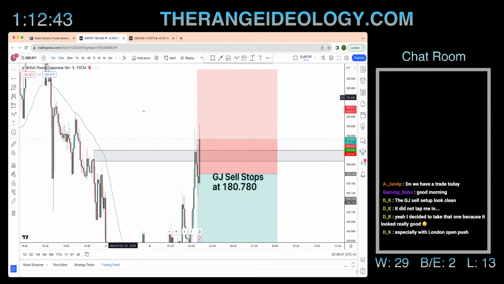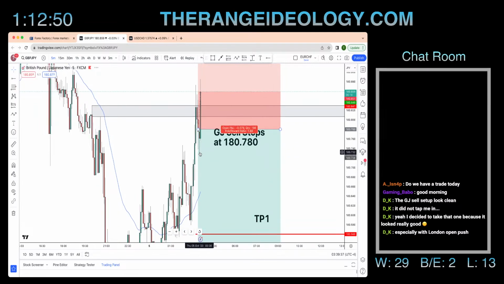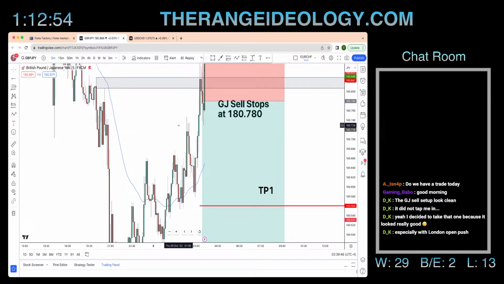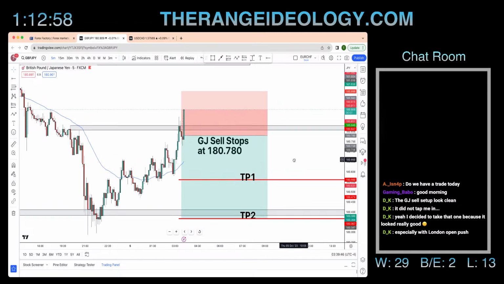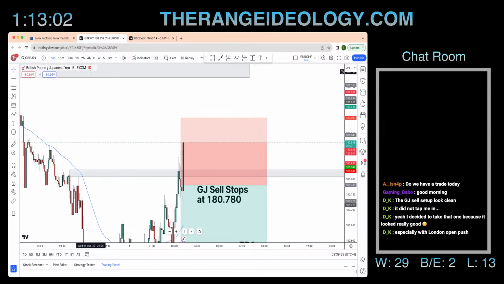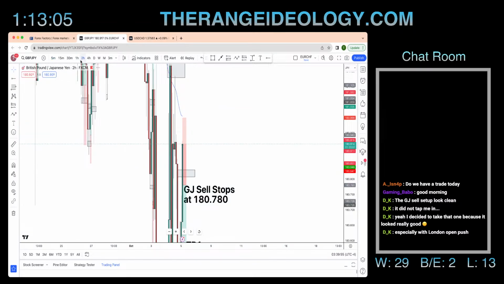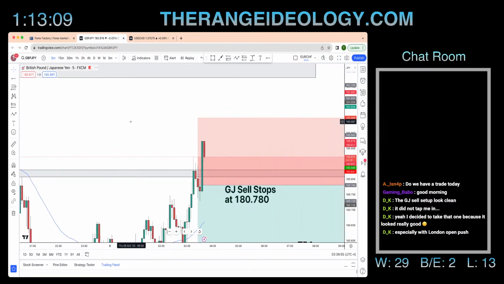Oh wow, what a drag here on GJ. Strong push up here. Oh wow, look at that volume. So it's going right for the 2-hour EMA then. Will it get there or will it push back?